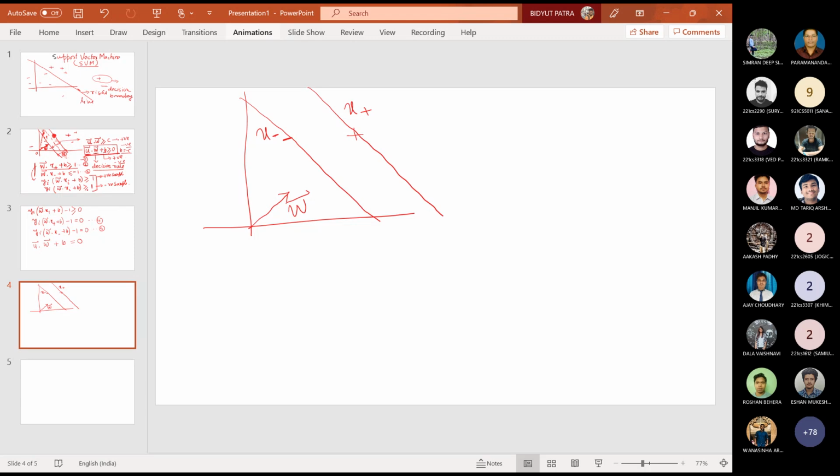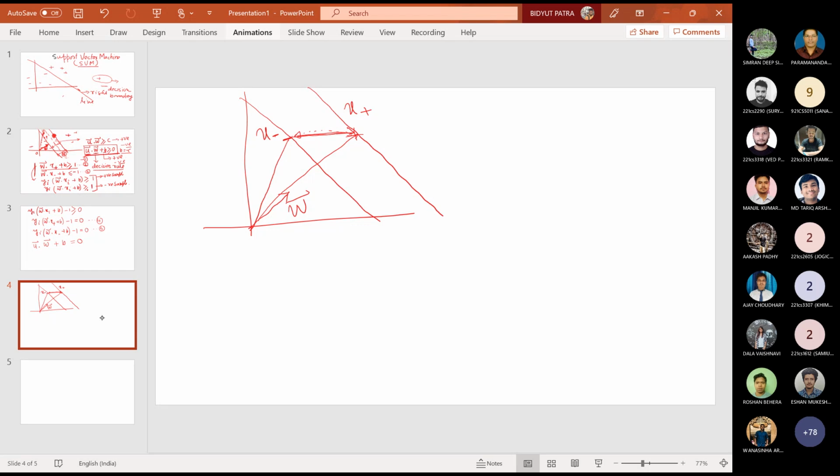We have a vector here, and similarly a vector here, and this will be the width of the street.